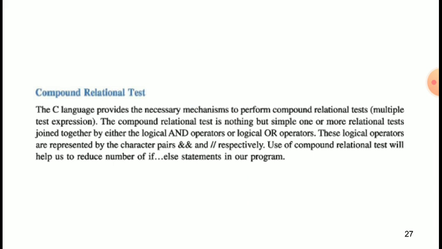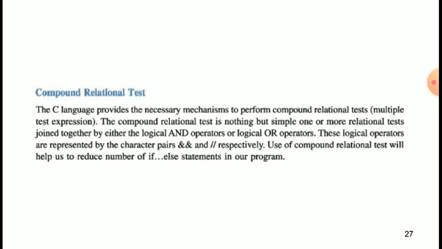And the last topic, compound relational test. The C language provides the necessary mechanism to perform compound relational tests, multiple test expressions. The compound relational test is nothing but simple one or more relational tests joined together by either the logical AND operator or the logical OR operator.